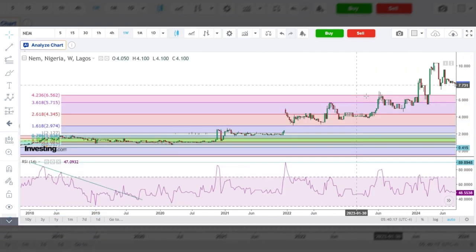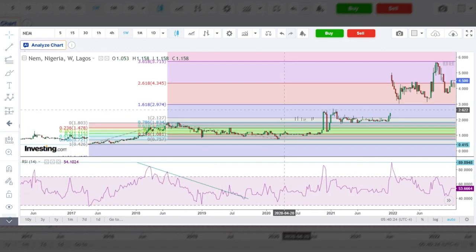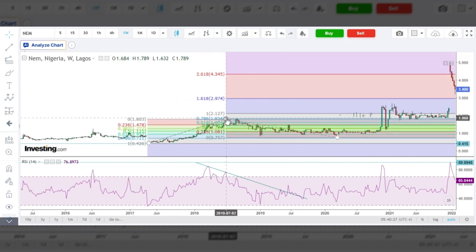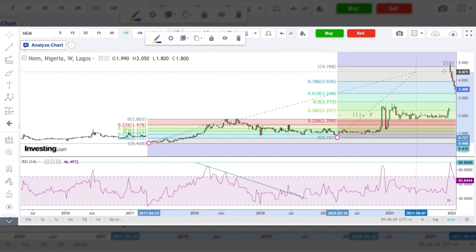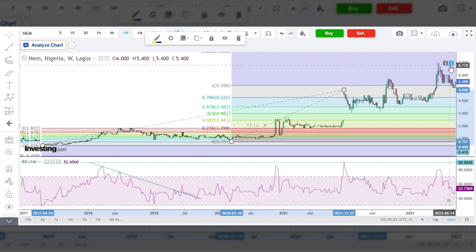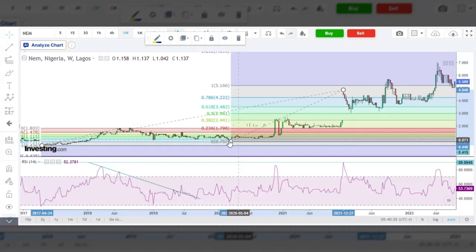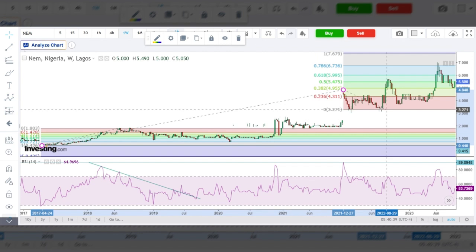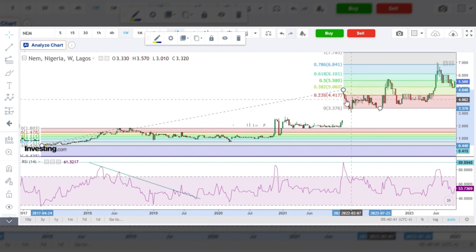So let's check. If this is wave three, where this gap is, then where is wave five? Wave five is usually 100% of waves one and two, or wave five is always equal to wave one. So if I put this here, because this is a retracement here, this is one, two, three.